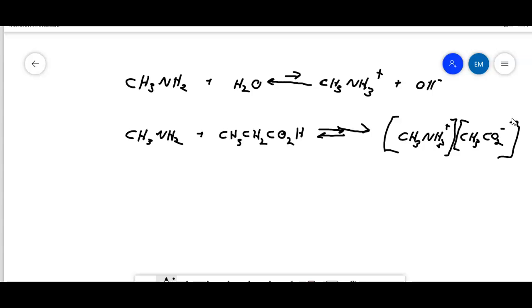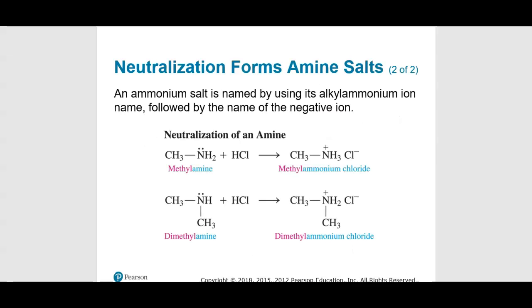You're going to have that ammonium acetate. That's going to go a lot further in the direction of products. And of course, if you're using a really strong acid like hydrochloric acid, it's going to be all the way over. As you can see, the chemistry of these things gradually gets more involved as you learn more and experience more of this.